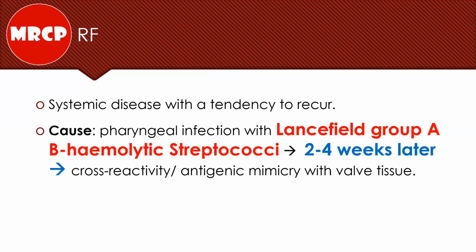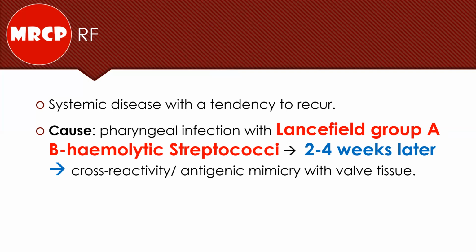And in this setting, after infection with group A beta hemolytic streptococci, the immune system of the body will develop autoantibody against the beta hemolytic streptococci. But unfortunately, because of the antigenic similarity between beta hemolytic streptococci and various body tissues, the autoantibody will lose its way and will attack the body tissues and body organs in a particular way.